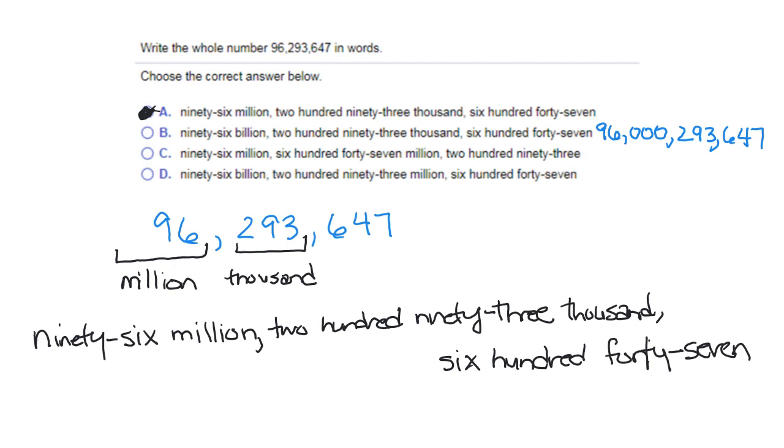The third selection uses the same period twice, million and million, so that would not make sense. And then let's take a look at the next one: 96 billion again, 293 million. It doesn't mention the 1,000 period, so that would be all zeros, followed by the 647. So you can see those last three options would not work for us.